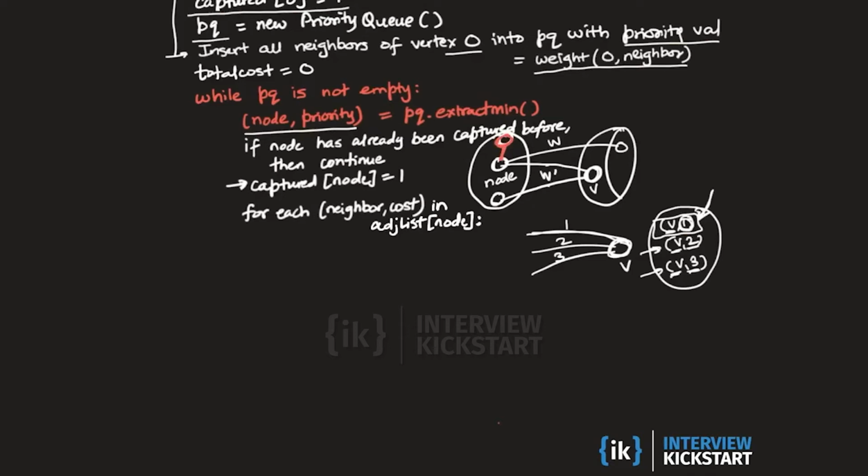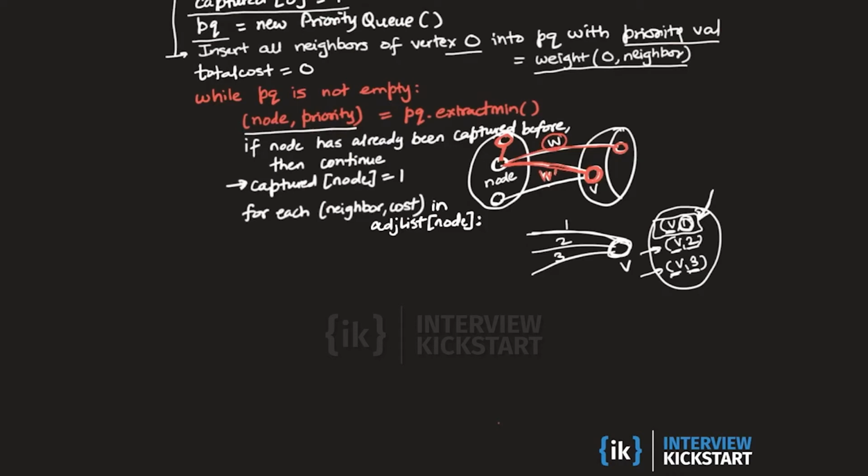The second option was that the neighbor is undiscovered, in which case it needs to be added to the priority queue with a value equal to the cost. And the third option was that the neighbor already exists in the priority queue, but now we can't go and look up what the priority value there was or decrease it. What we will do is we will insert another copy of the neighbor into the priority queue with the cost written on the current edge.